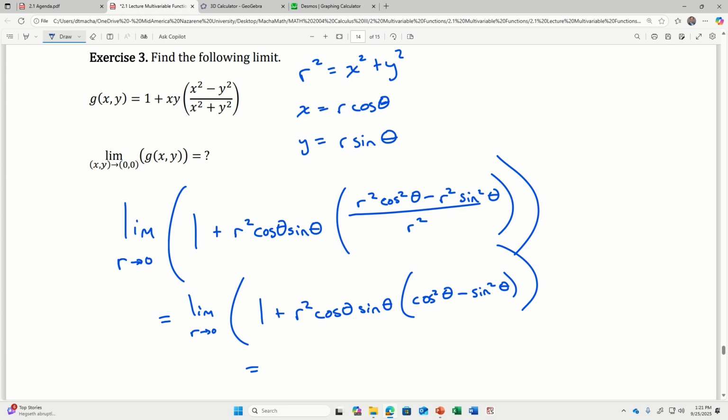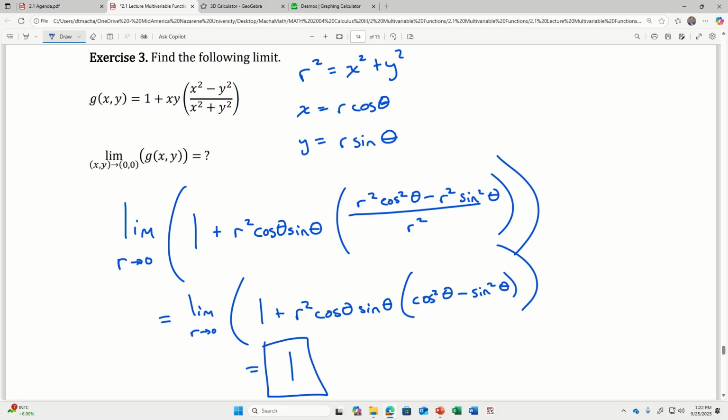Do you guys get the same thing as me? What's my limit? Is it just 1? It is 1. So we still have some thetas hanging out, but they're all multiplied times r squared. And in the limit, as r approaches 0, this limit is 1.